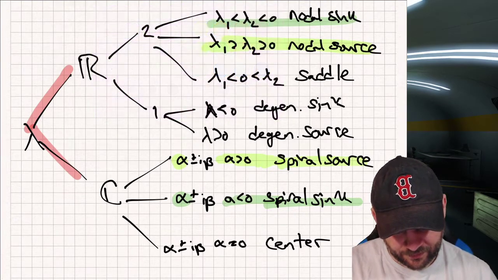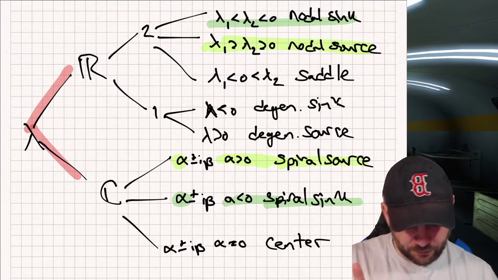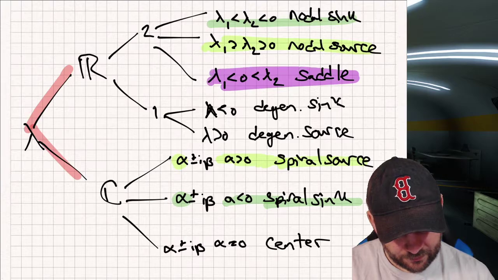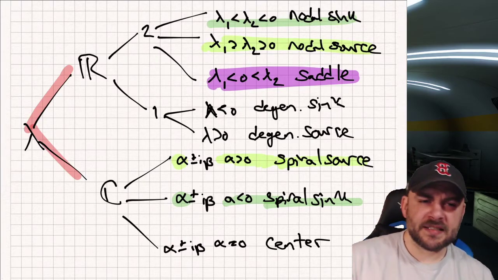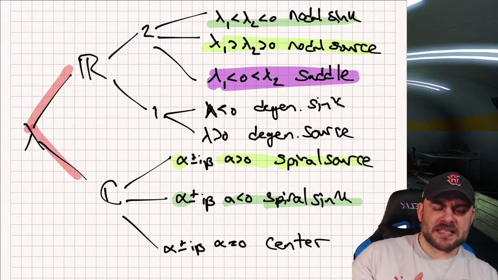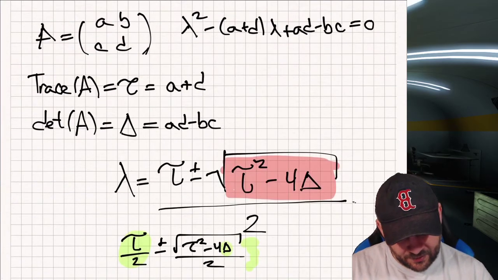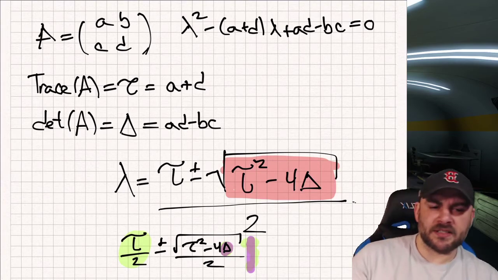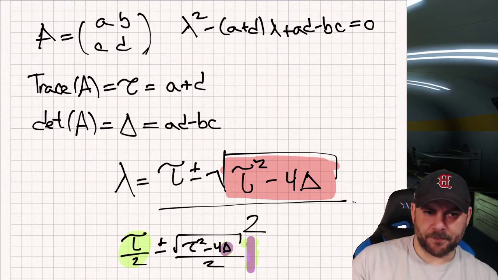The final bit we've got right here, and I do mean final, is this guy right here, saddles, where they are of opposite signs. And so again, that's going to depend on this delta and what is the relationship here with this number.